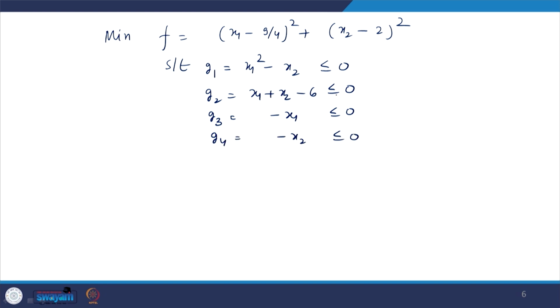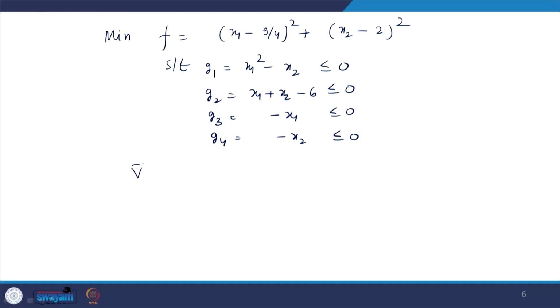Now, G2 is linear, so convex, G3 is linear, so convex, and G4 is linear, so convex. Let us see for f and G1. What is the Hessian matrix of f? It is [2 0; 0 2]. This matrix is clearly positive definite and hence f is convex.